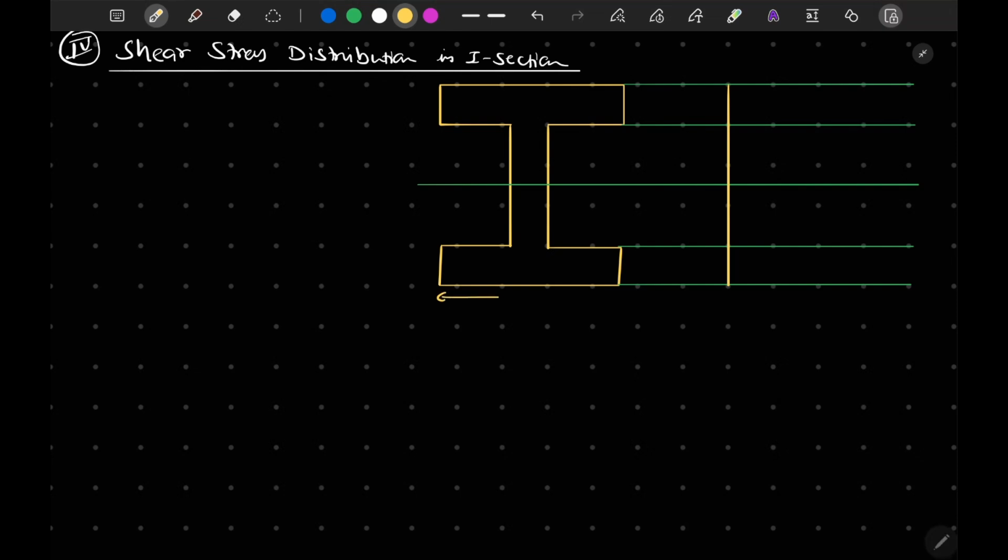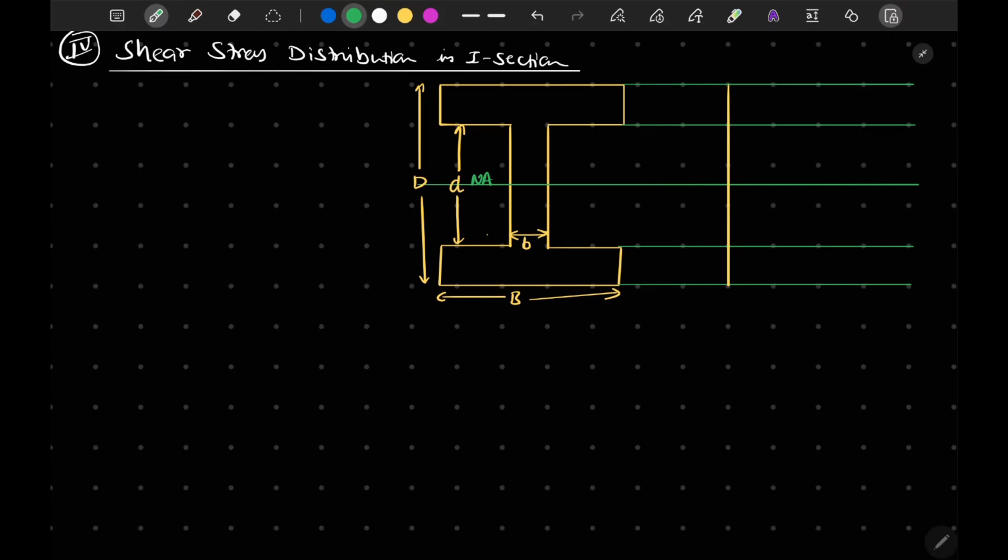This dimension is denoted by capital B, and this is small b, and this depth is denoted by small d, and this depth is denoted by capital D, and of course as we know this is our neutral axis.